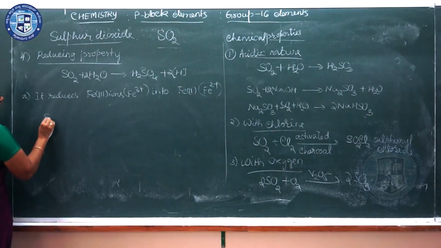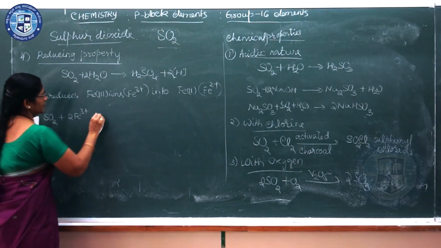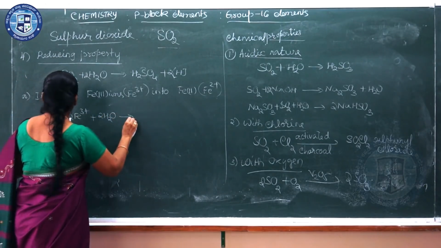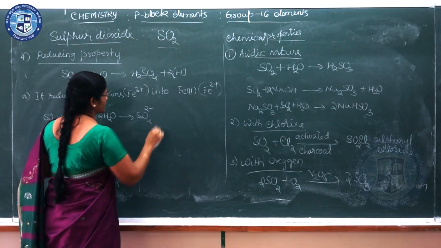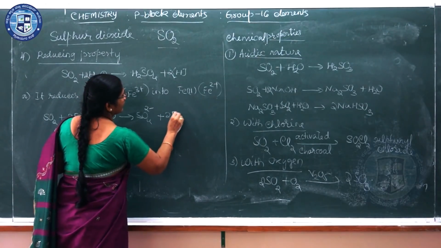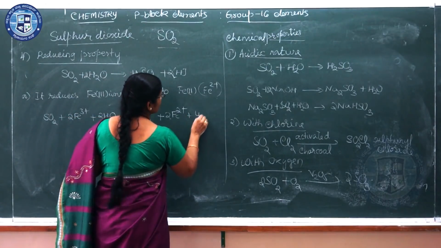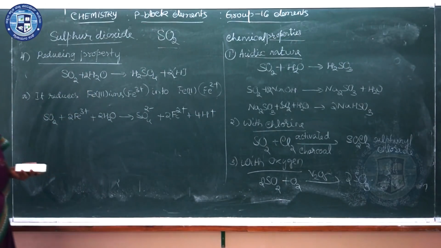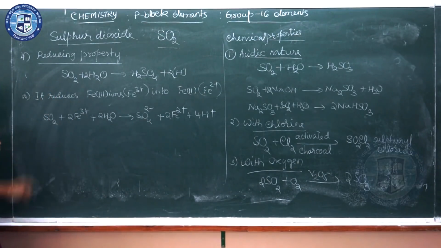So SO2 plus 2Fe3+ plus 2H2O will give you sulfate, sulfur dioxide is oxidized itself to sulfate, and ferric gets reduced to ferrous, and of course 4H+ is formed. Okay. So sulfur dioxide reduces ferric ions into ferrous ions and itself gets oxidized to sulfate ions.